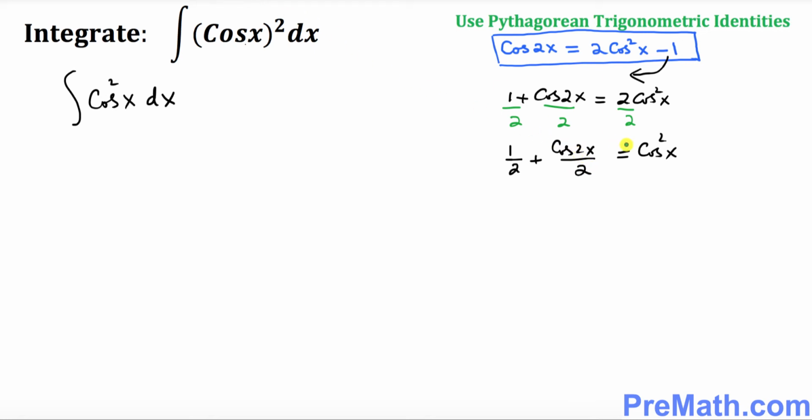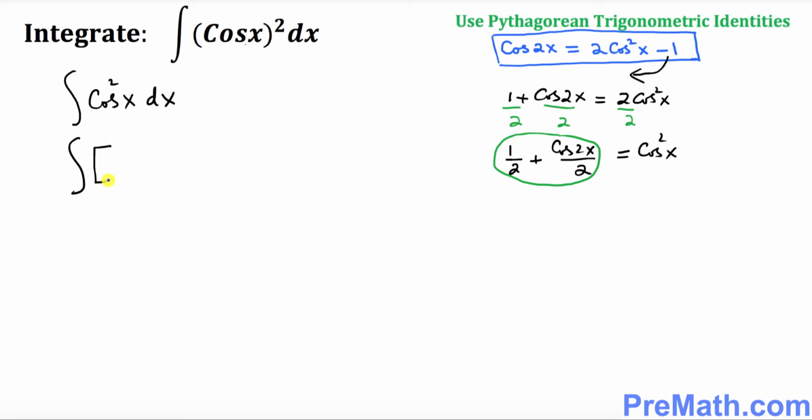So now as you can see, cosine square of x is equivalent to this quantity, which is what I'm going to replace this one by. So I can replace this cosine square of x by this quantity.